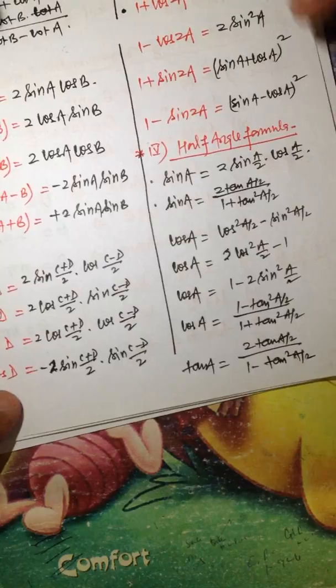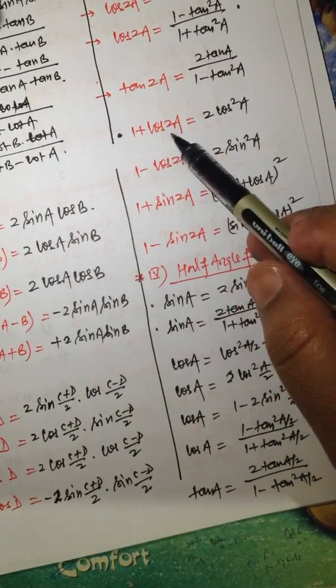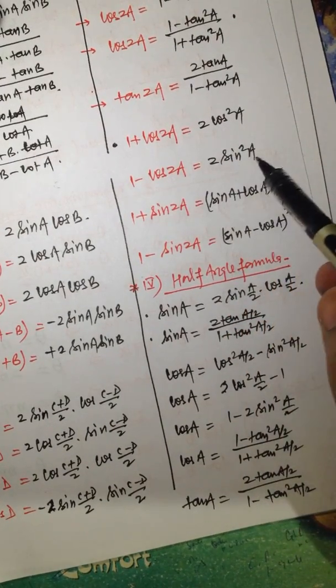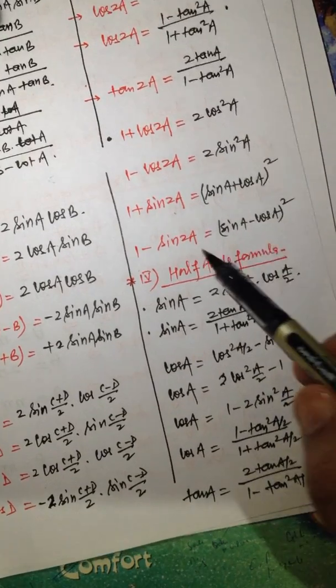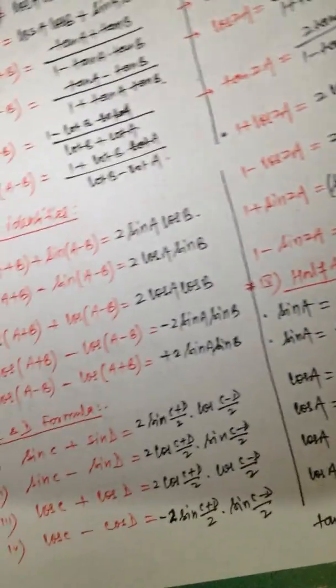Okay, dear students, you can also write these identities in half angle formulas. 1 plus cos a will be equal to 2 cos square a by 2, 1 minus cos a equals 2 sin square a by 2. 1 plus sin a equals sin a by 2 plus cos a by 2 whole square. Like this we will go through it.